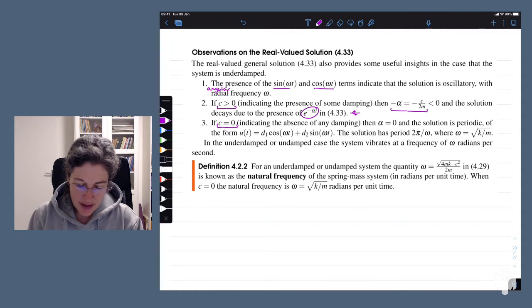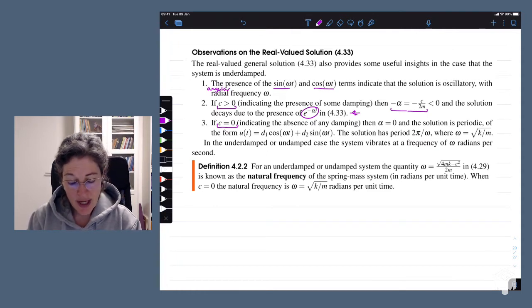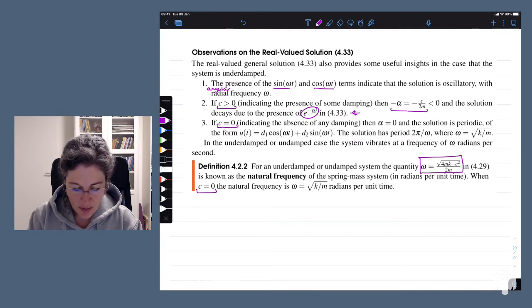The final thing that we want to have is a definition of the natural frequency, which is our omega in radians per unit time. And when c is equal to 0, so we don't have any damping, then the natural frequency is just root k over m. And that might actually jog a memory from Intro to Physics.